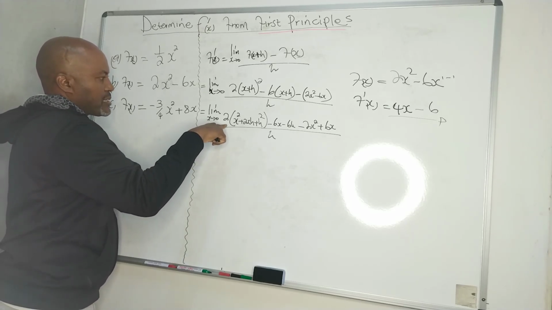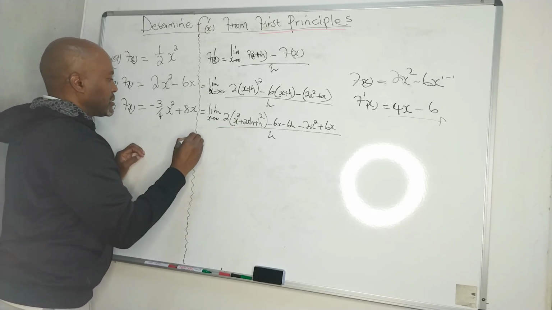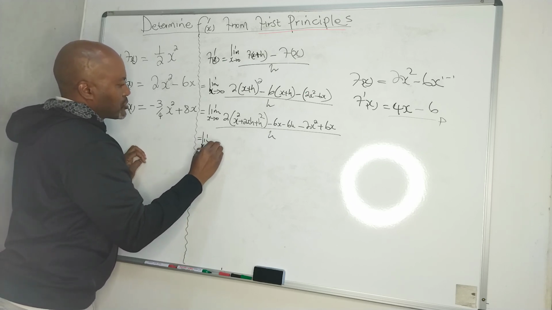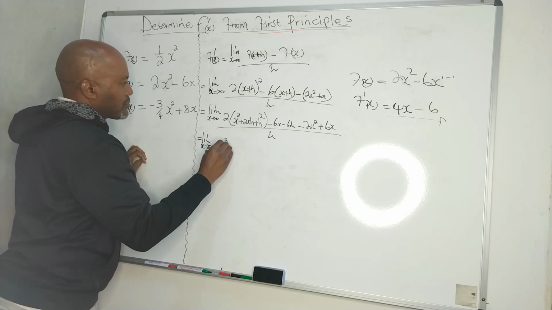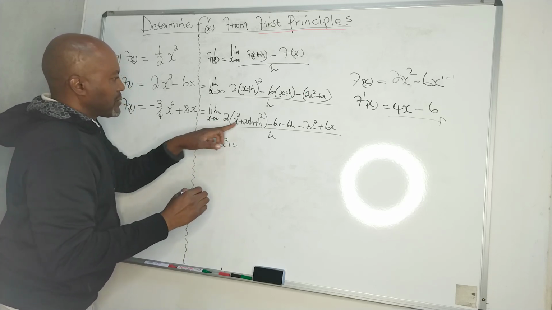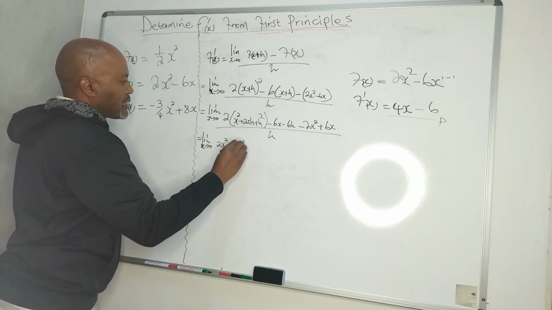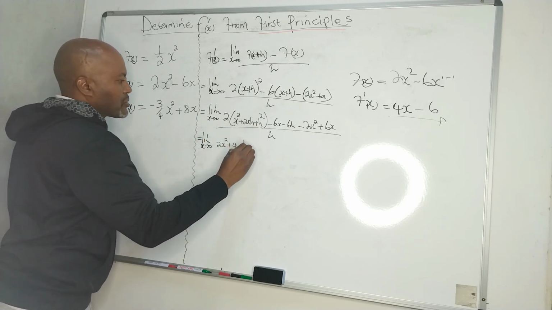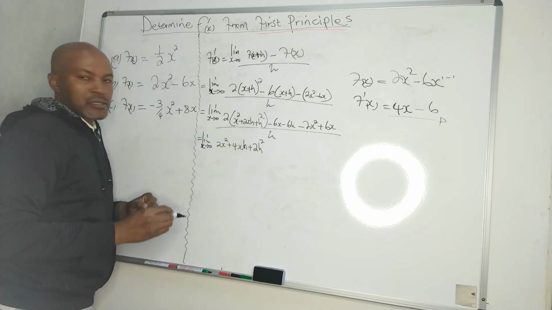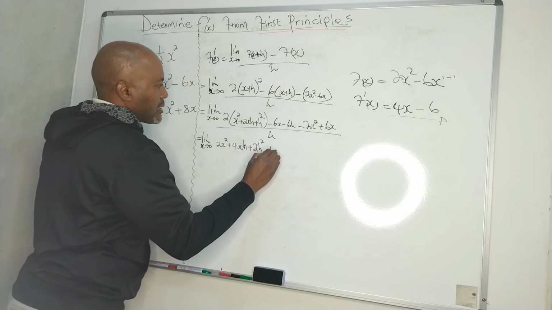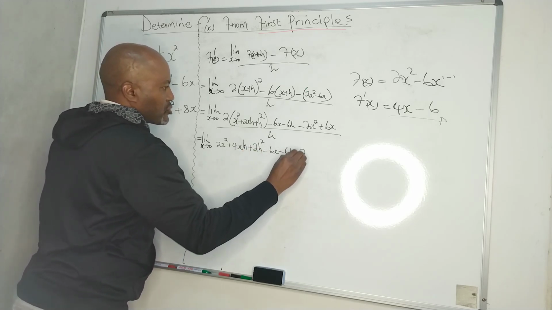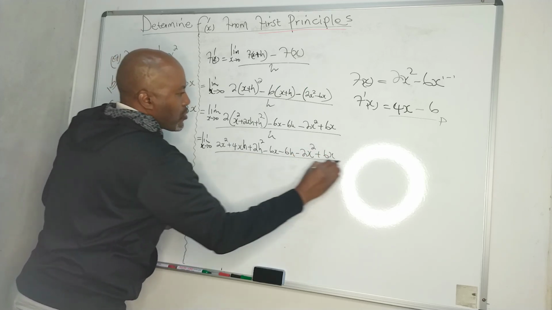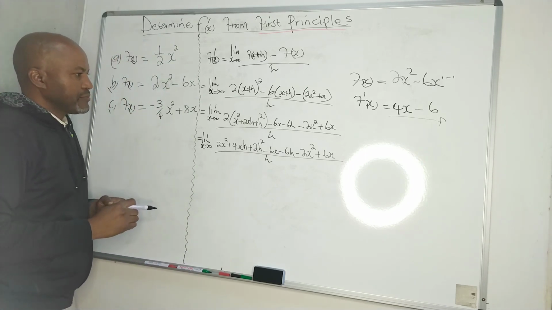Then you multiply these two inside. It's going to be the limit, 2x squared plus this times this, 4xh, plus 2 times h squared, 2h squared, minus 6x minus 6h minus 2x squared plus 6x all over h.